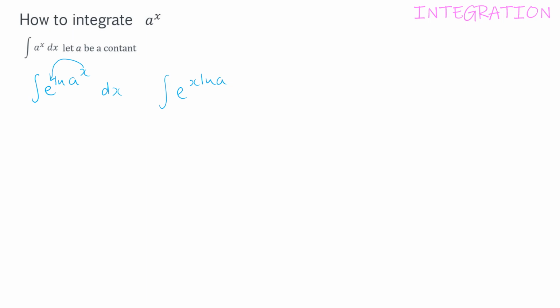Now e integrates and differentiates to itself, but when we integrate e to the kx, that is going to integrate to 1 over k e to the kx, and what we've got here is the ln of a is just going to be our constant k, so that is going to be 1 over the ln of a e to the x ln of a, and then we just reverse the log laws and take that x back up, so it's 1 over the ln of a e to the ln of a to the x.